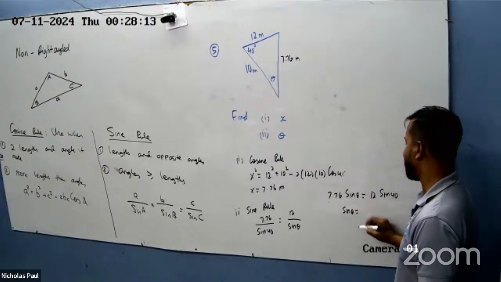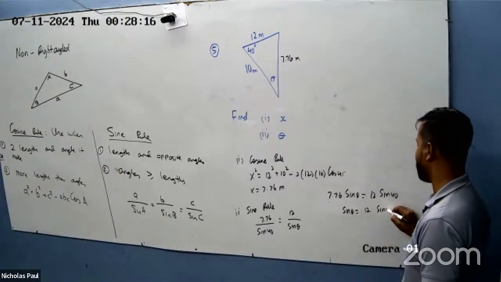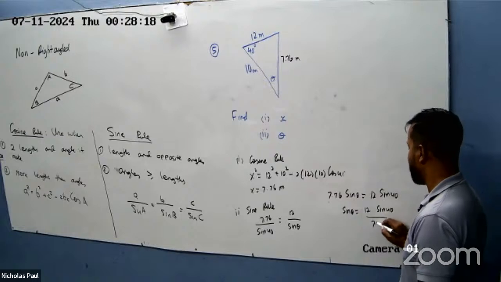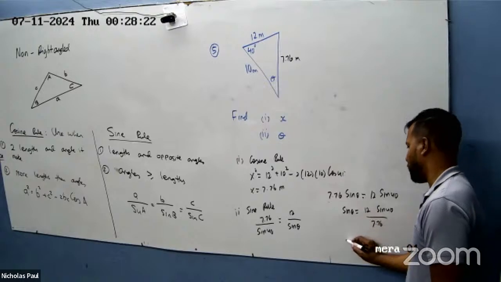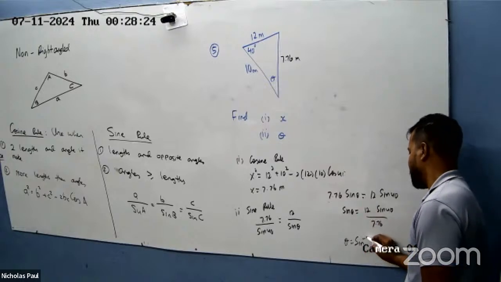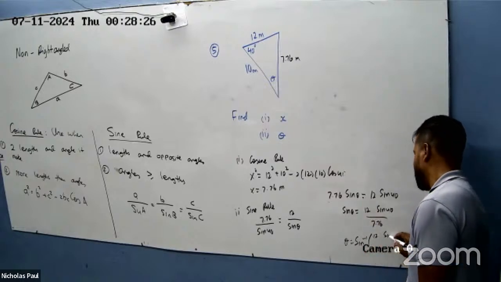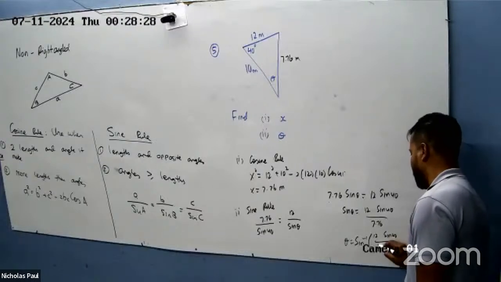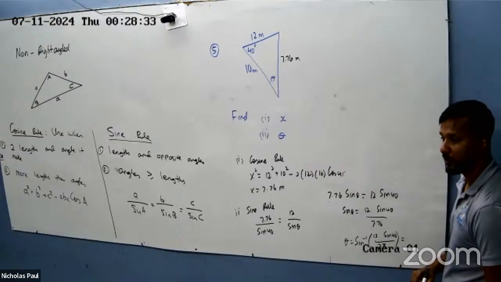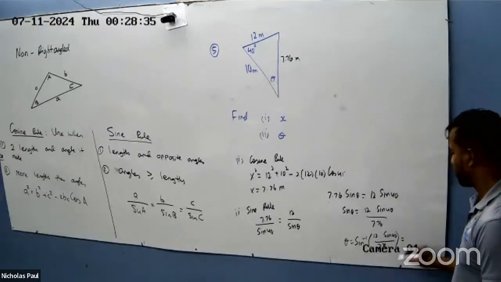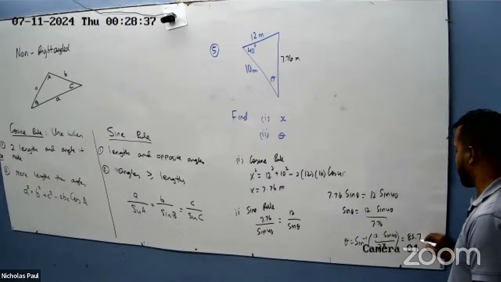And then we'll get sine theta is equal to 12 sine 40 over 7.76. Don't work it out, just carry across sine, and you'll get sine inverse of 12 sine 40 over 7.76, which is 83.7.